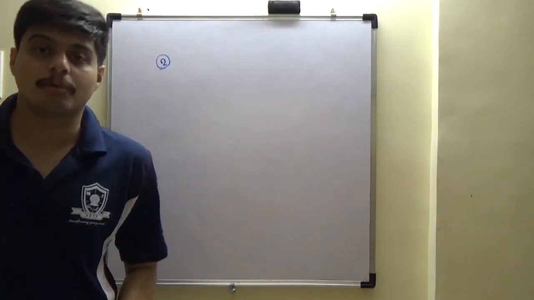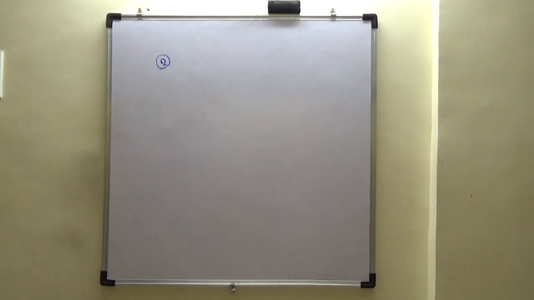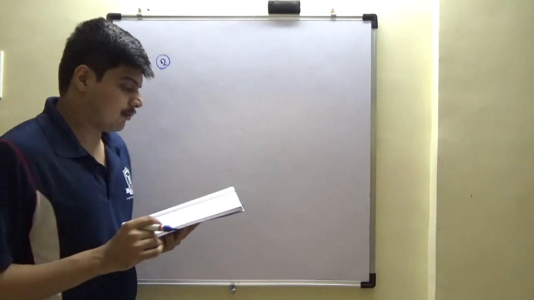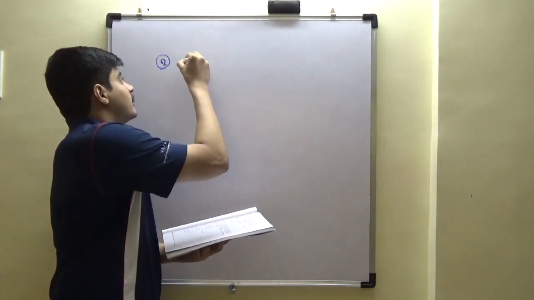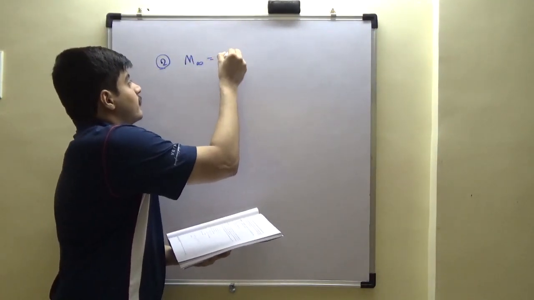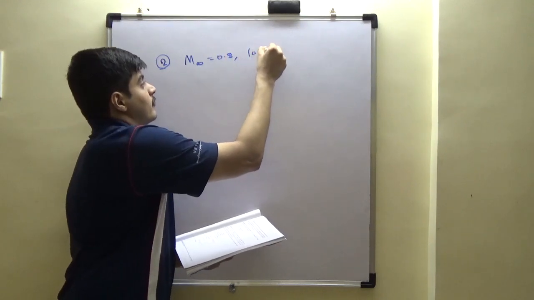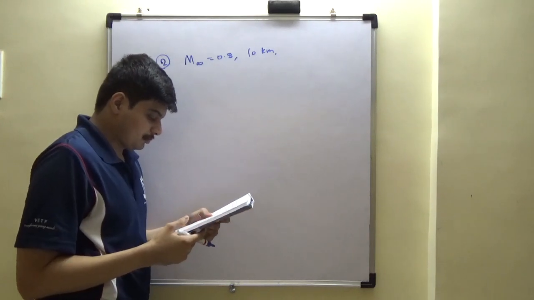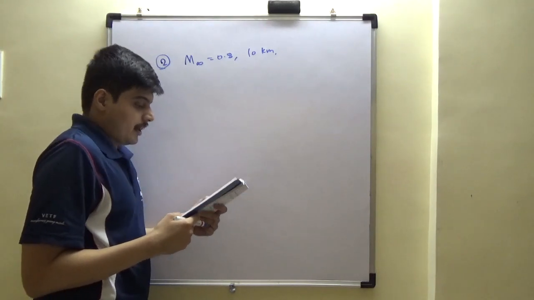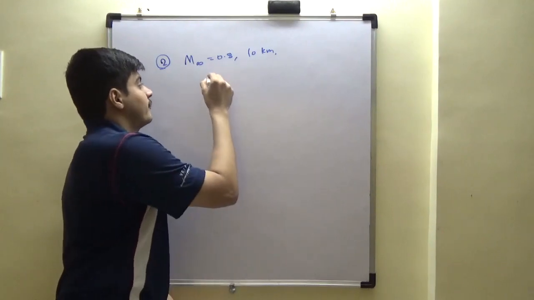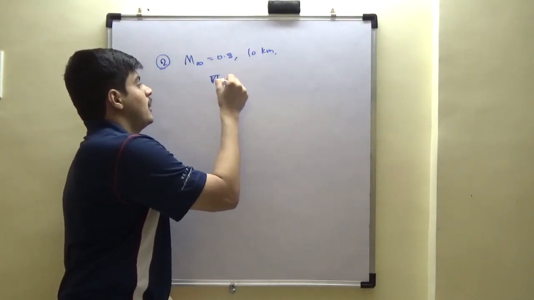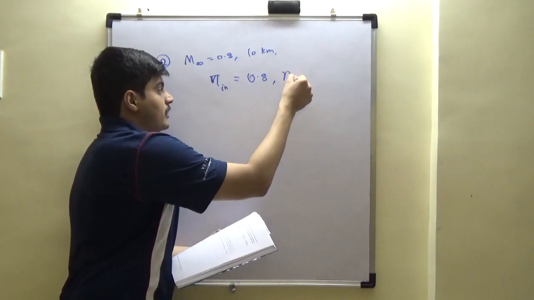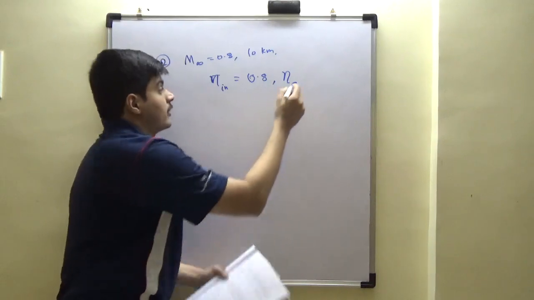We will now go to question number 2. A jet engine is operating at a Mach number of 0.8 at altitude 10 kilometers. Okay. Efficiency of the intake, eta intake is 0.8 and eta compressor is 0.87.